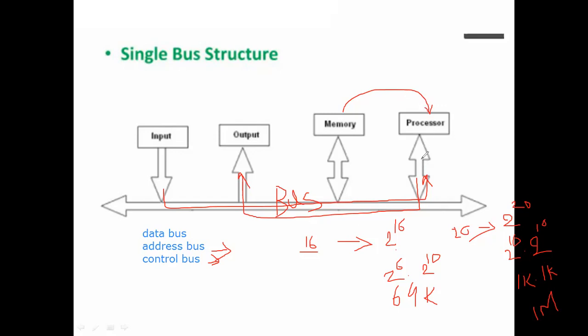Printer is an output device. The processor sends the character over the bus to the printer buffer.